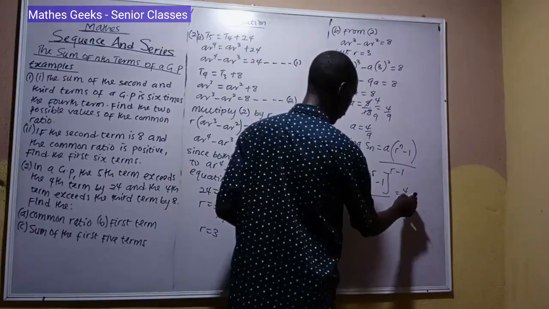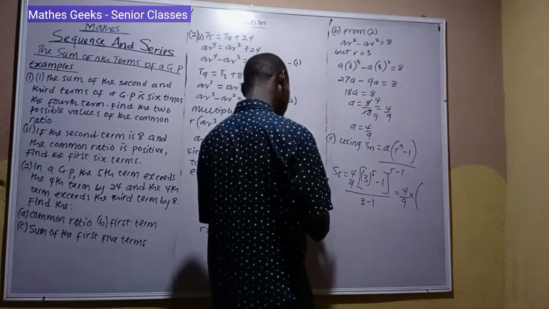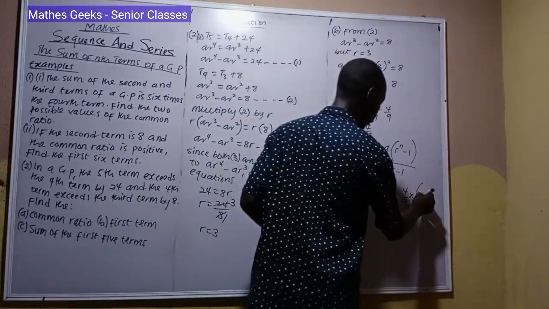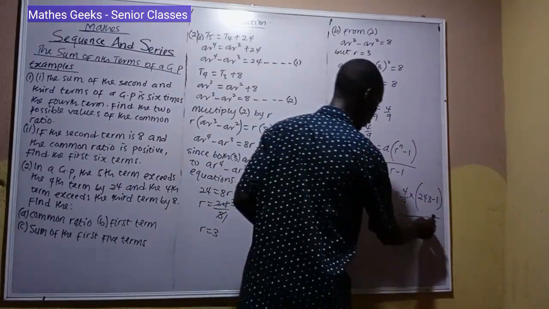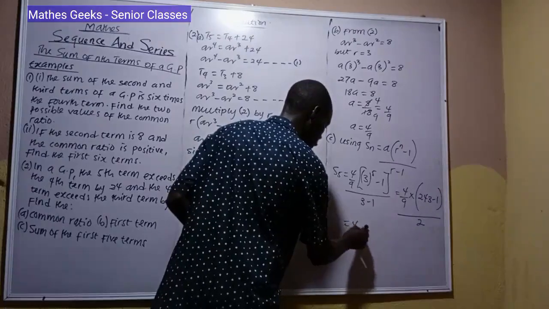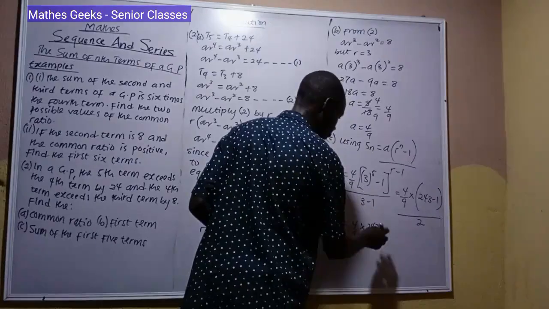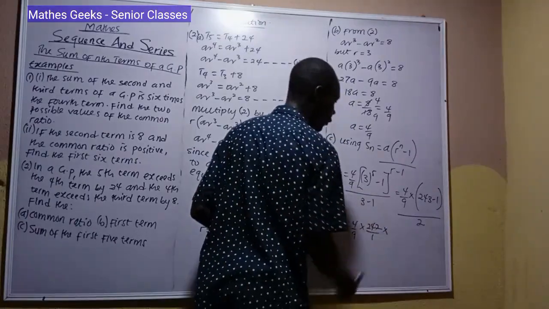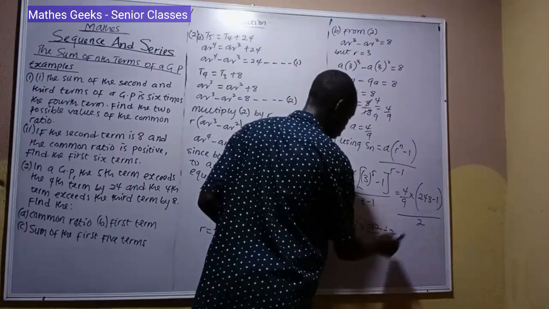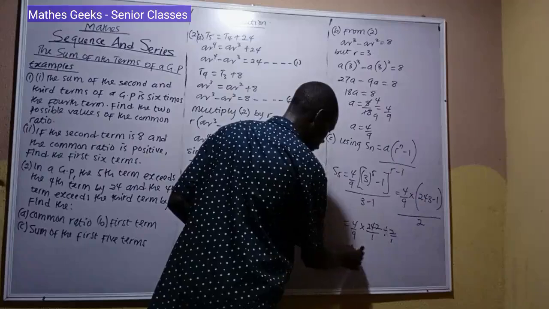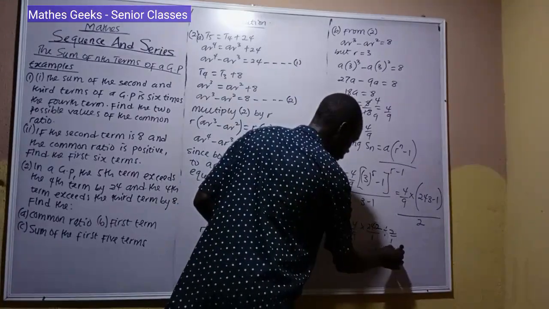So this equals 4 over 9 times 3 raised to the power 5, 243, minus 1, over 3 minus 1, 2. This equals 4 over 9 times 242 over 1 divided by 2 over 1, which is 4 over 9 times 242 over 1 times 1 over 2.